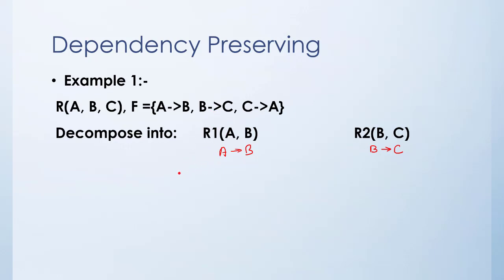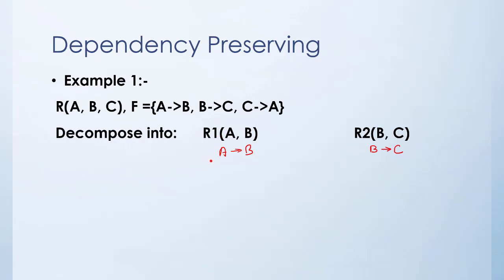We need to consider the original functional dependency set for the actual relation R and generate all the functional dependencies present in the decomposed tables.